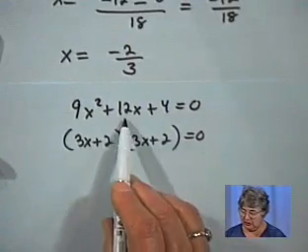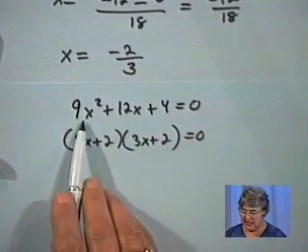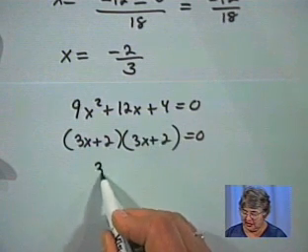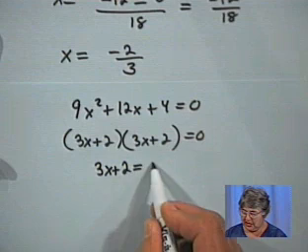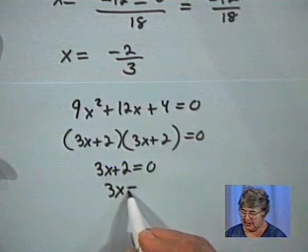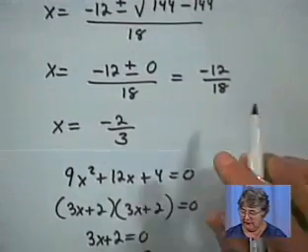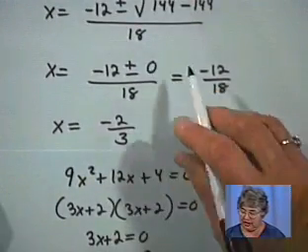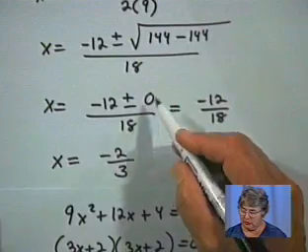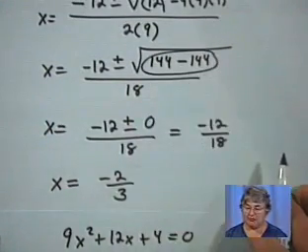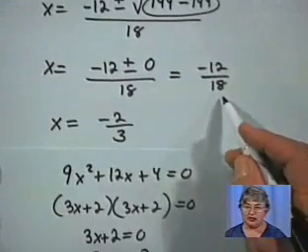That gives me a middle term of 12x. We have a 9x squared for the first term, and 2 times 2 is 4. When you set each of the factors equal to 0, you get the same solution. So if we looked at the quadratic formula, we would have seen that the number inside the radical becomes 0, and in that case we get only one solution.